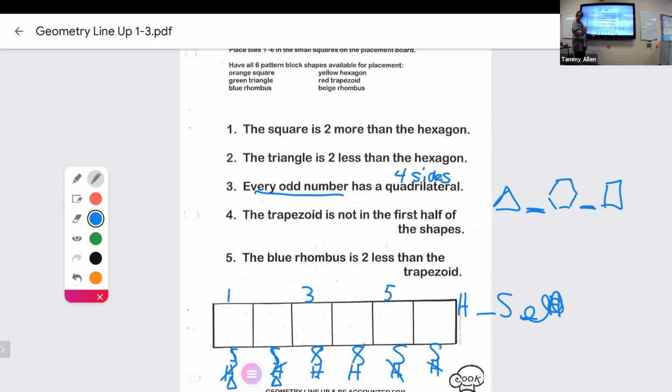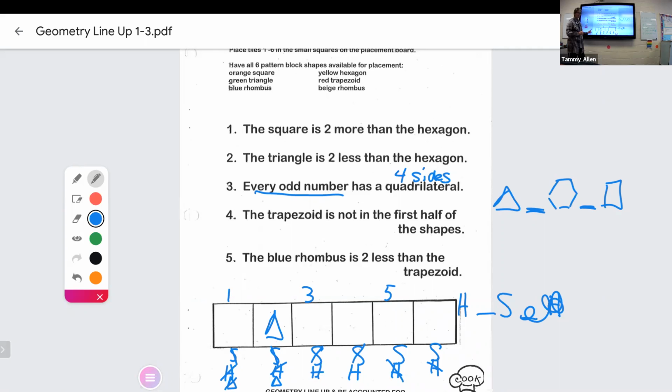No. So where is the triangle? The triangle is here, which means put your triangle here, physically put the triangle there with your shapes. You got your shapes, put it there.